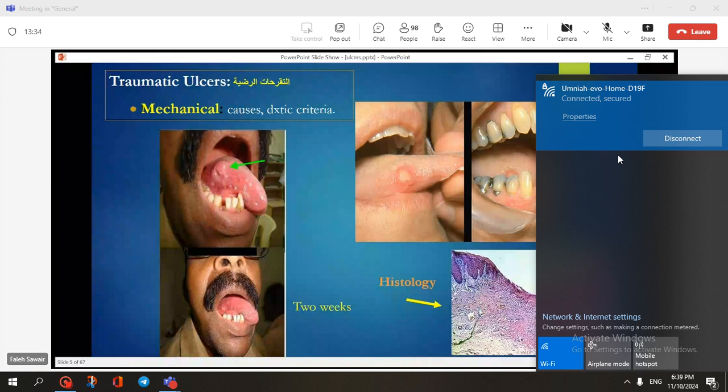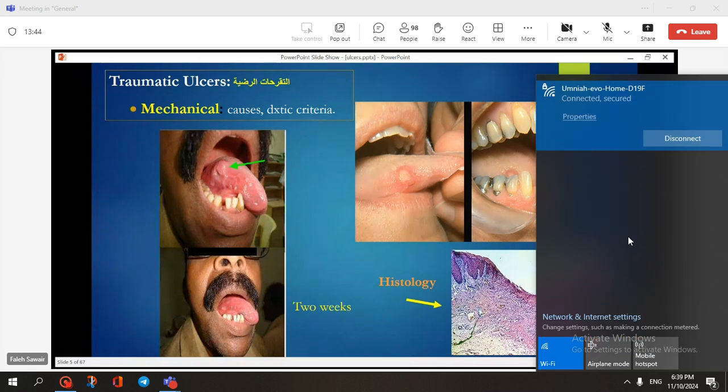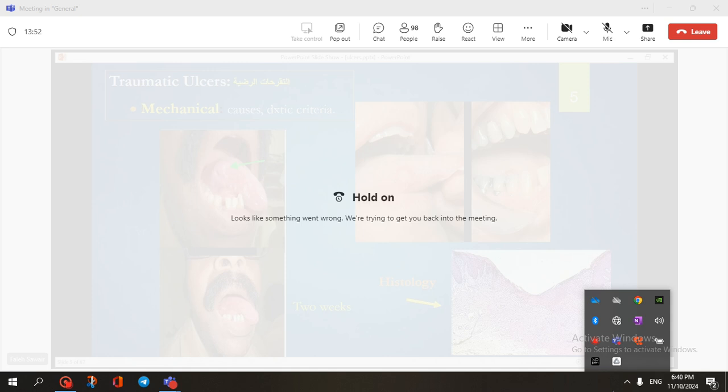So all these things can be causative agents of oral ulcerations. As you can see here, for example, this patient has a restoration with a broken lingual side, and it is causing ulcers to the border of the tongue. So he has a rough surface.